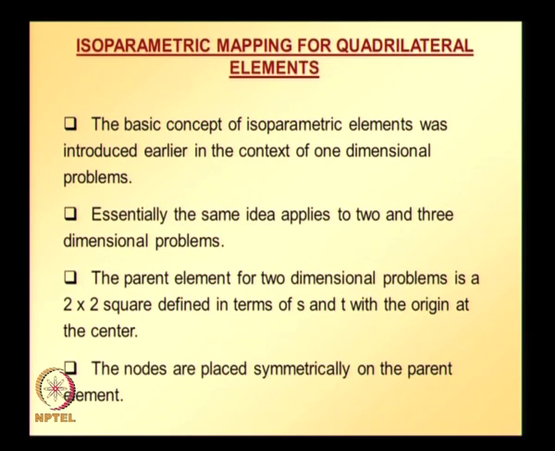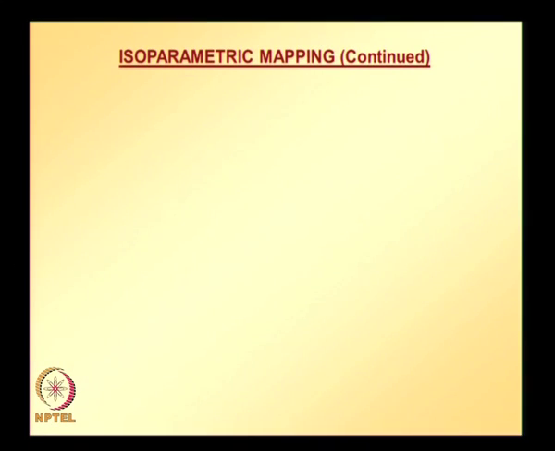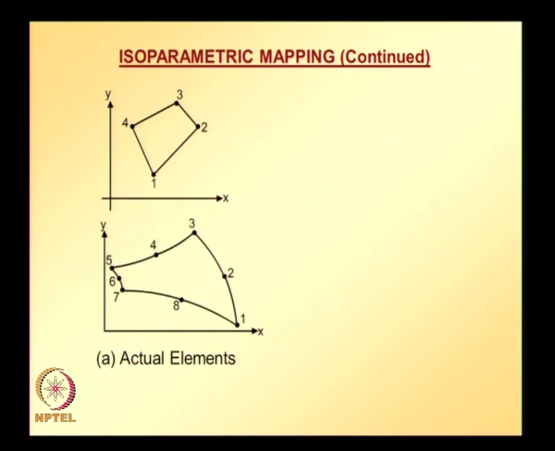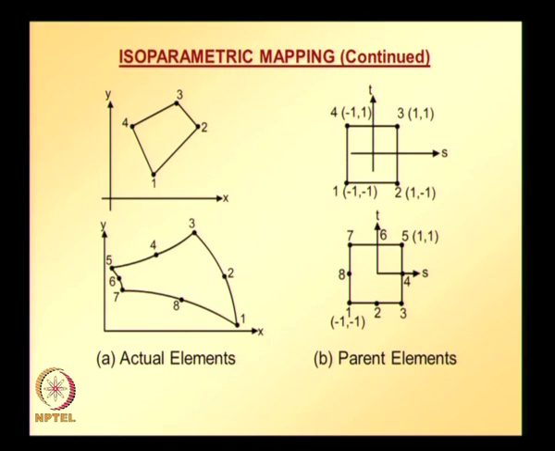Nodes are placed symmetrically on the parent element. To get an idea, here these are 2 elements, one is a 4 noded element and the other one is an 8 noded element, and both are actual elements, and these elements in isoparametric mapping we are going to map onto a parent element like this.